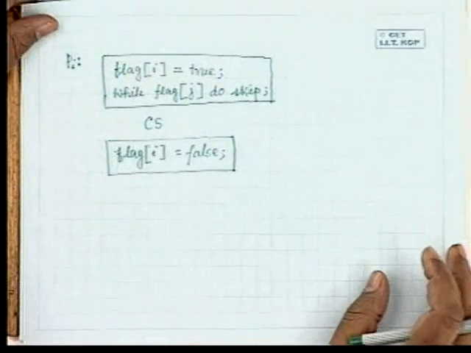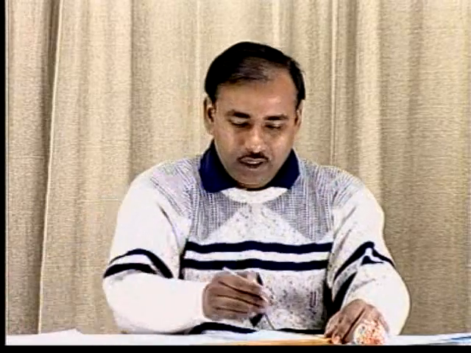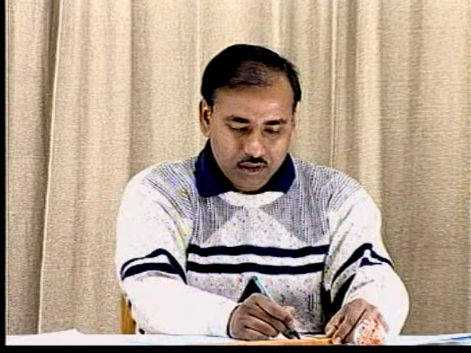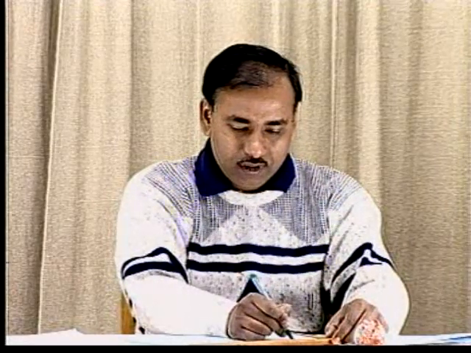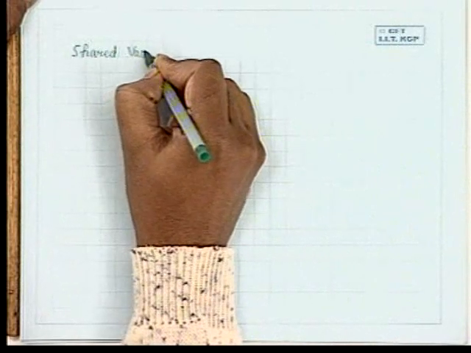Now with this background, let me give you the correct solution for two processes. The correct solution will be something like this. Again, as before, we will assume that there are some shared variables.